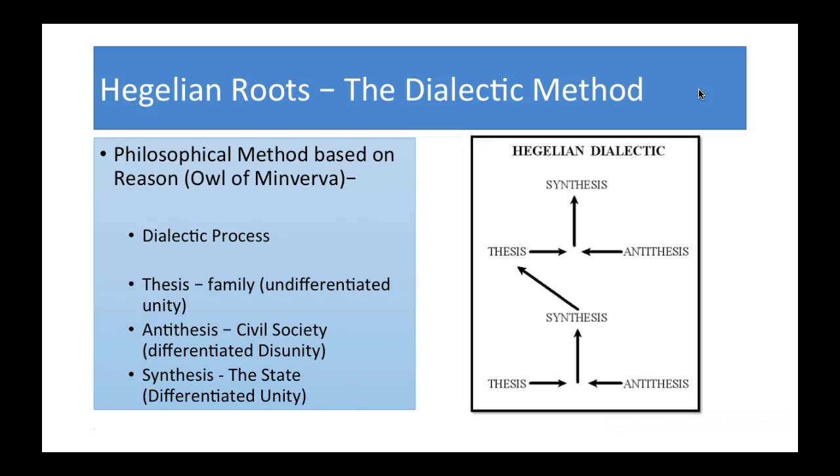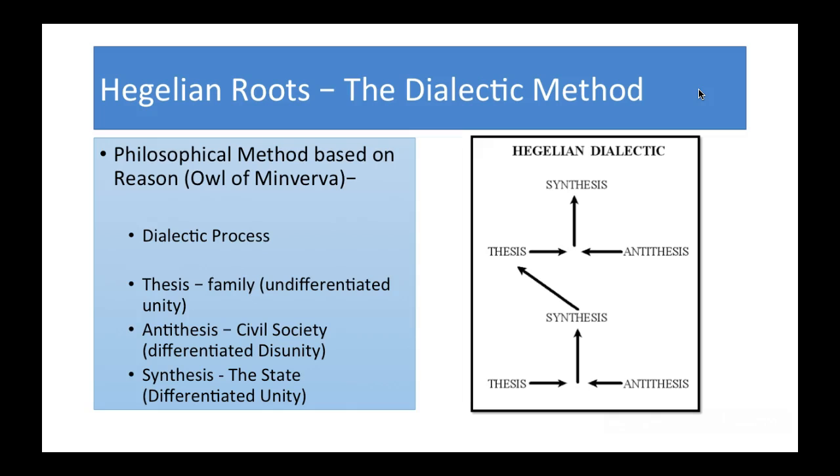We're not going to read any Hegel, and I'm going to try to synthesize very briefly for you the technique known as the dialectic, which I think you have encountered before, hopefully. So the dialectic is a process, according to Hegel, by which the spirit comes to know itself and realize its idea.